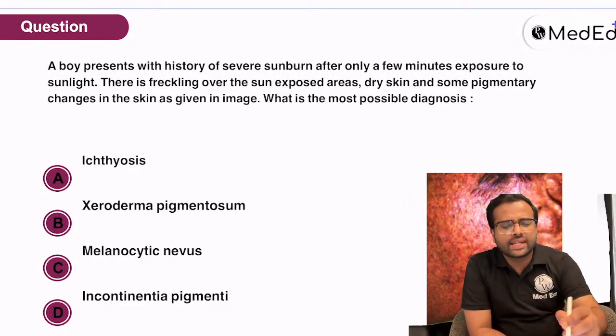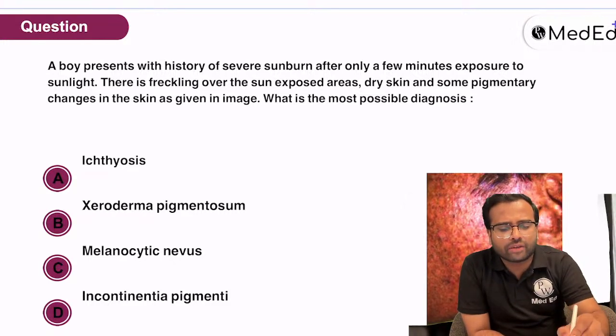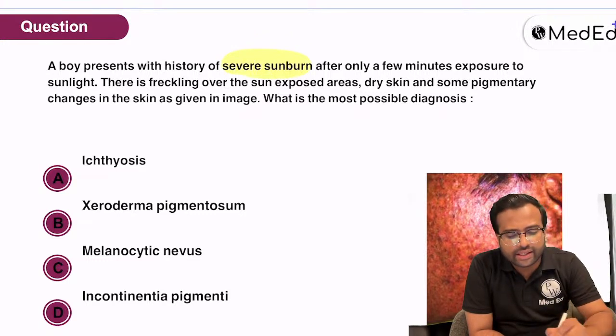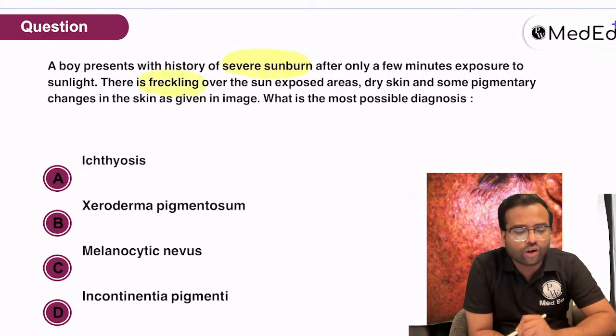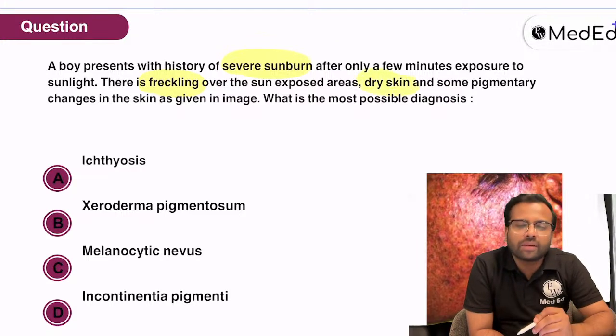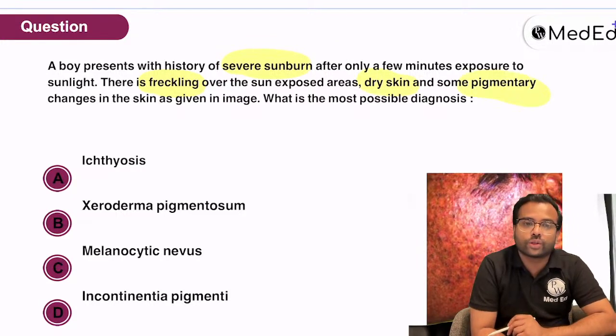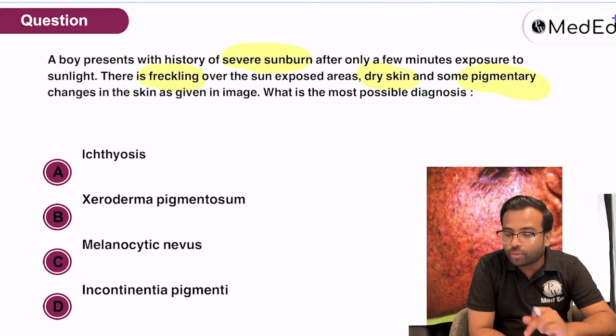So you can see that there is sunburn, meaning there can be a severe photosensitivity. There is some freckling over the skin, dry skin, meaning xerosis is also seen, some pigmentary changes are also seen. So when you put all these things together, what should come to your mind?